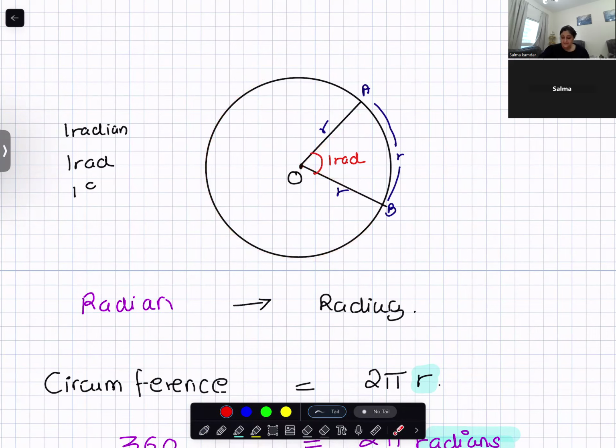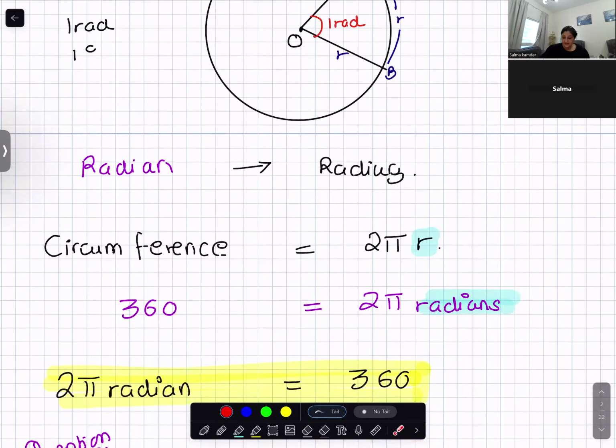O is the center, R is the radius, this is your arc, the length of the arc, and this is your theta. You say this angle AOB is 1 rad or 1 theta, which is equal to r.